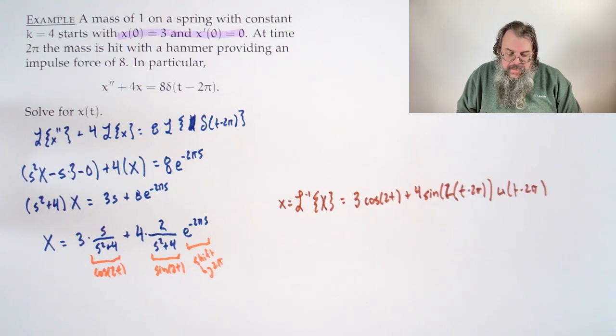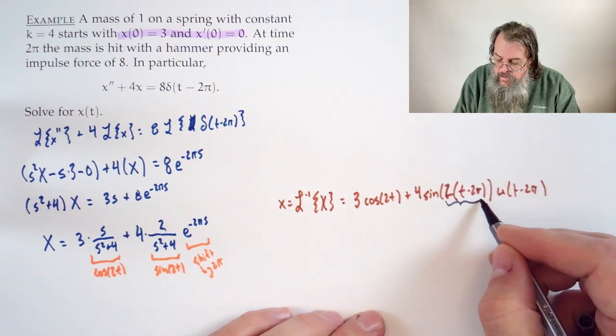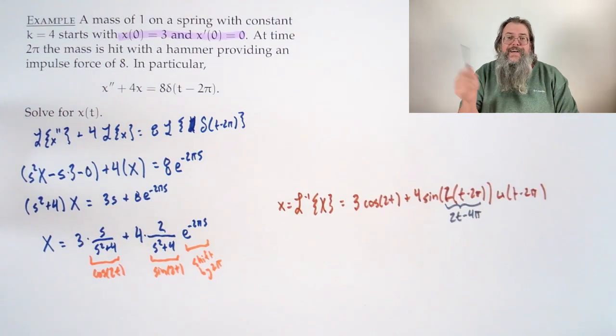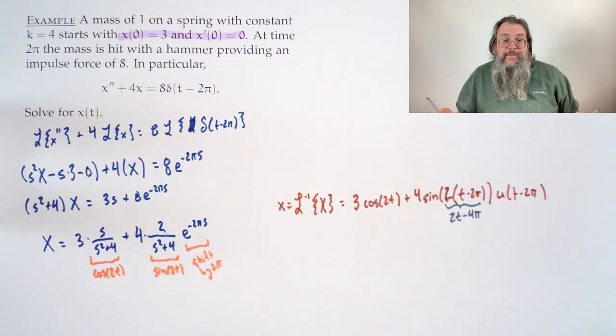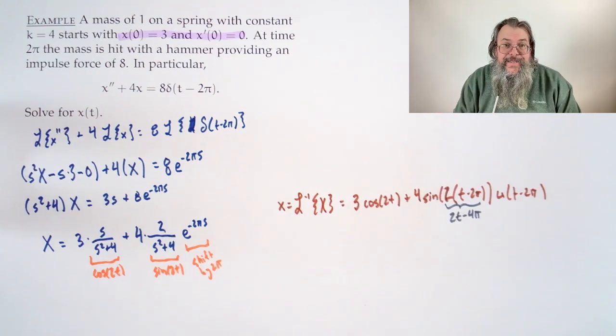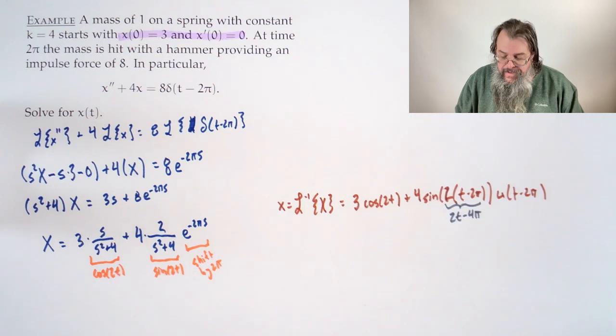Now, we can clean this up a little bit because notice here we really have 2t minus 4 pi. And we say, if I have sine and I subtract 4 pi, that's like going around the circle twice in the opposite direction. But the moral is, it doesn't really change anything.